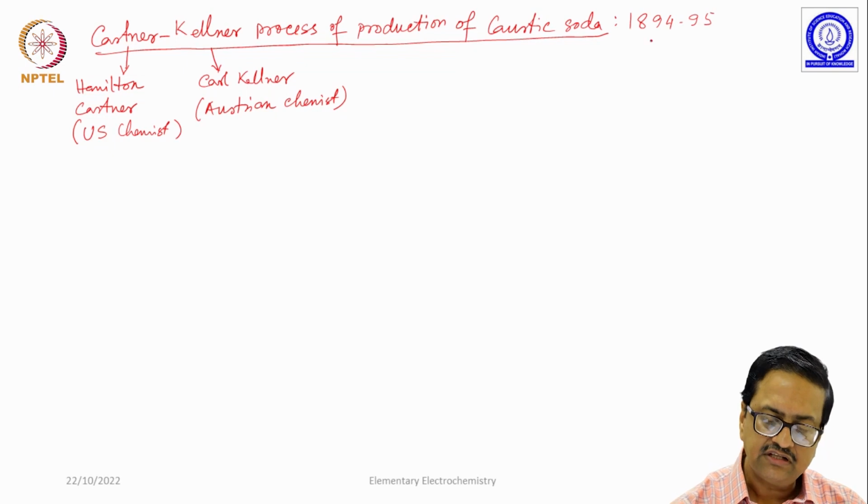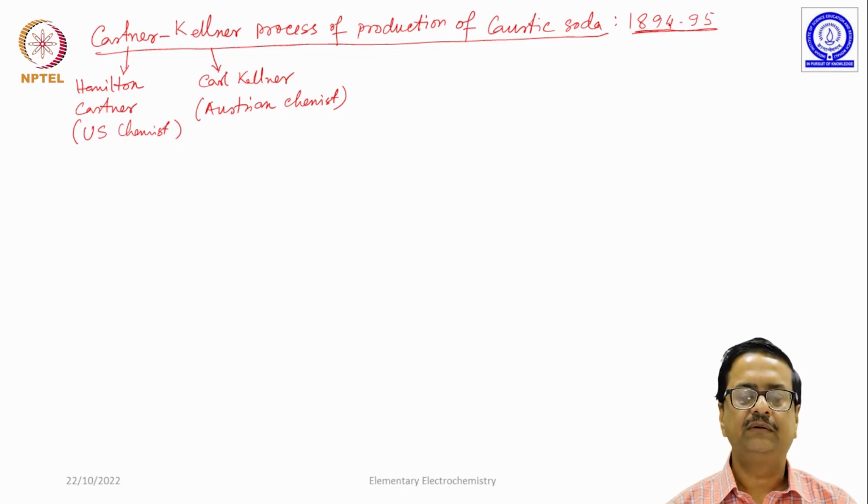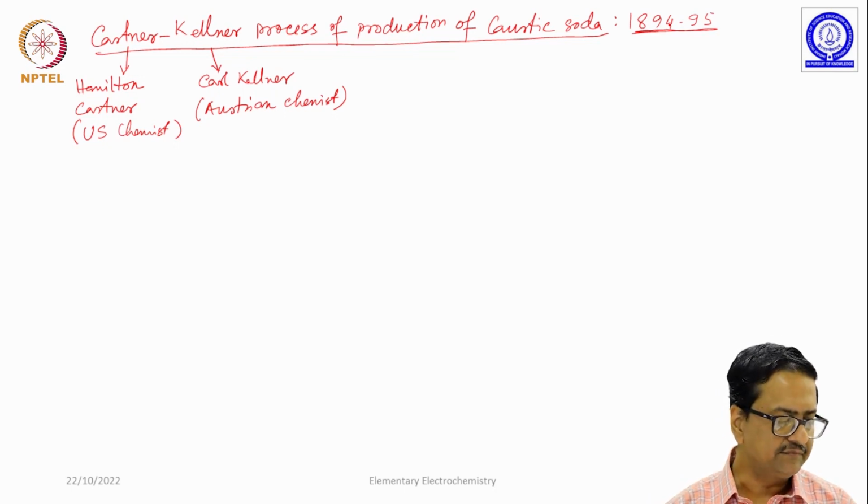So they established a plant in 1894-95 to produce sodium hydroxide on a large scale.